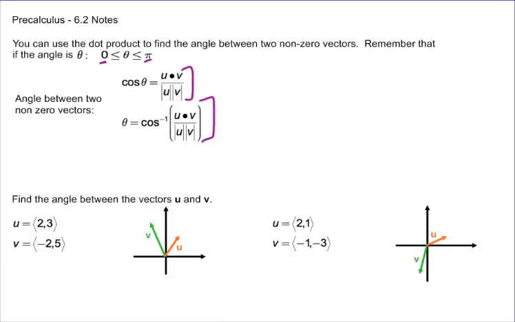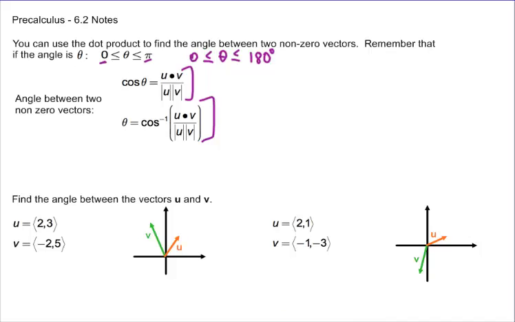So whatever mode you have your calculator in, make sure that you're consistent throughout the whole thing. Okay, and probably the other thing I should say is if theta is between 0 and pi, then theta will also be less than or equal to 180. And for our purposes, it might just be easier to work in degree mode.